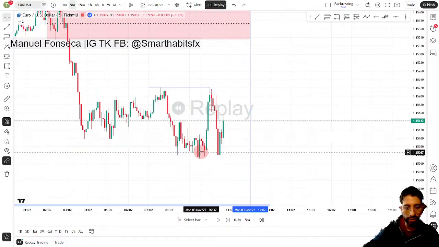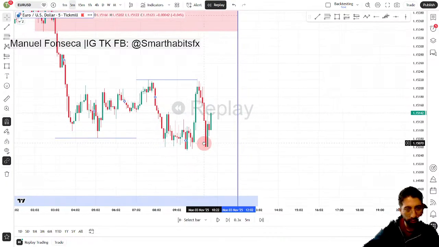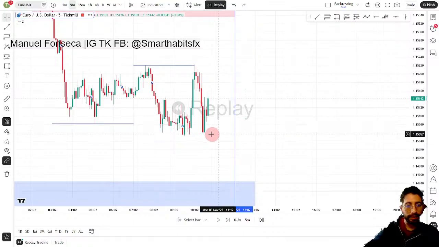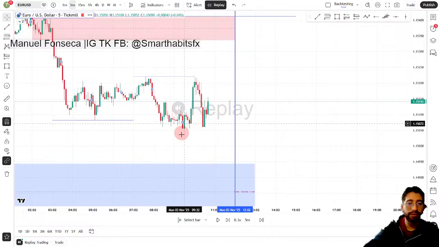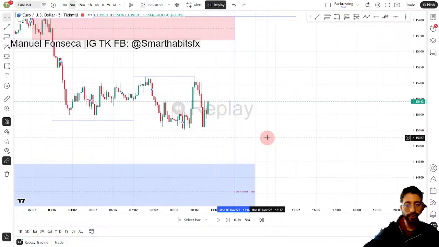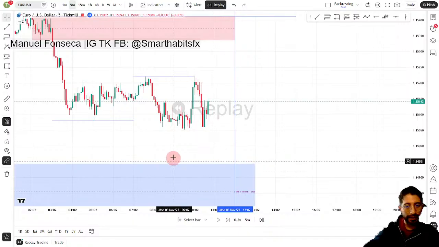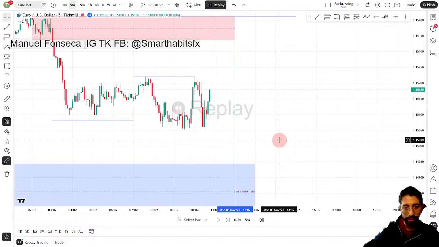You see, it had a reaction. So if we had entered here, we would have had a reaction. But I don't want to take it because it hasn't reacted on the demand area. It has done a confirmation pattern, yes, but it's out of our area. At least it should be some pips closer, but it hasn't.